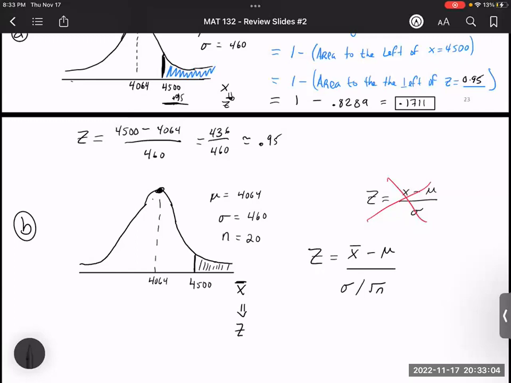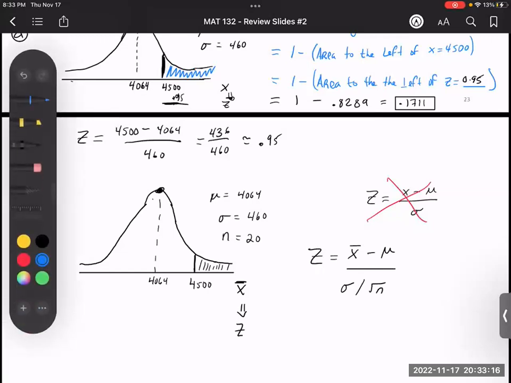We just use a different z-score formula anytime we're dealing with the sample mean distribution, or the sampling distribution of the sample means. Okay, so this value 4,500, please note that it's a sample mean, not a data value. So that's why I can't use the formula where I put a big fat red X there.